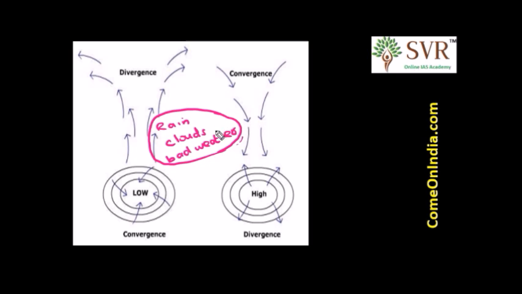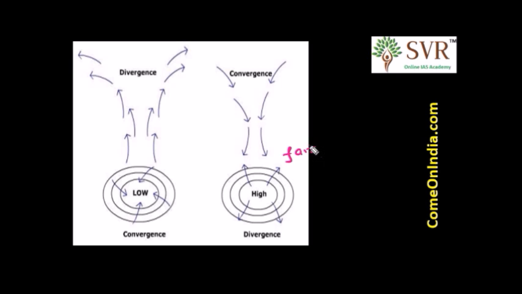Whereas anticyclones are also called highs, and they are predictors of fair weather. Formation of anticyclones indicate fair weather.